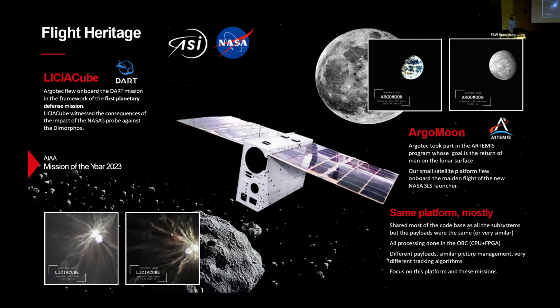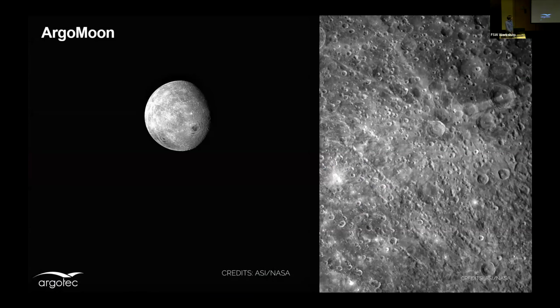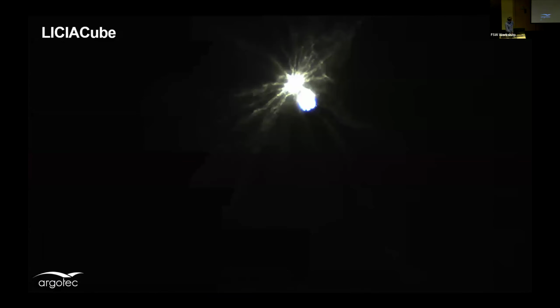Before moving forward to the actual framework, I just wanted to share some pictures with you. I love them. I think you may like them too. So, a picture of the moon from behind. Kind of unsettling to me. Looks strange. And some pictures of the impact from LichoCube. You'll say, well, it's kind of saturated. That's the point.